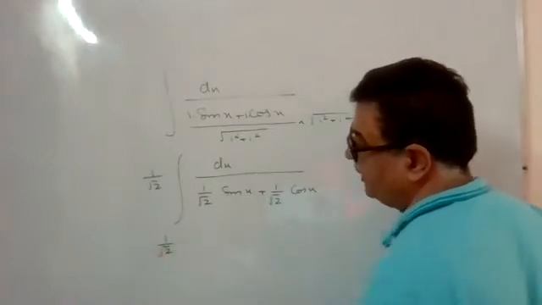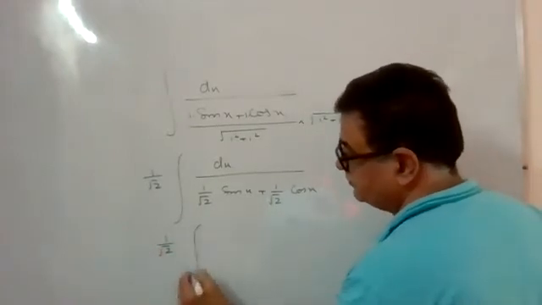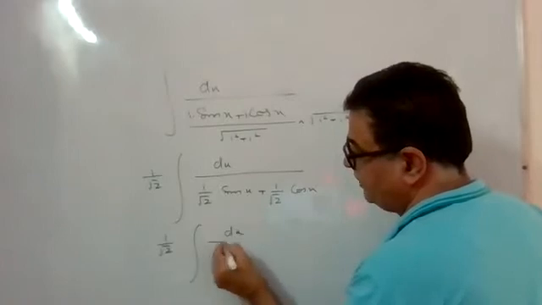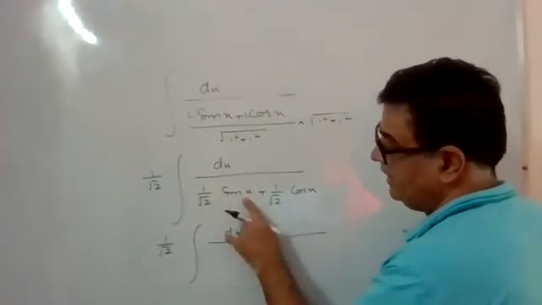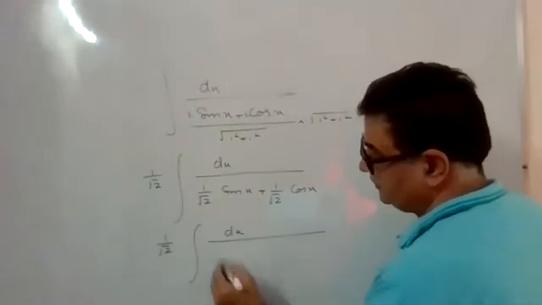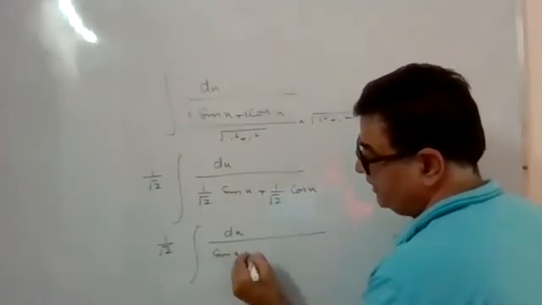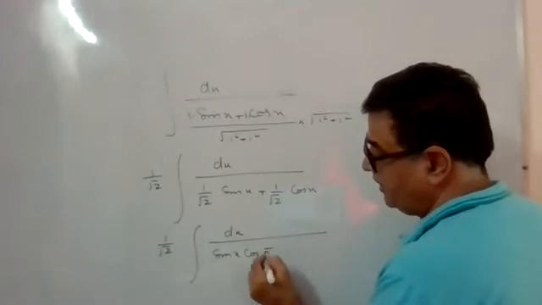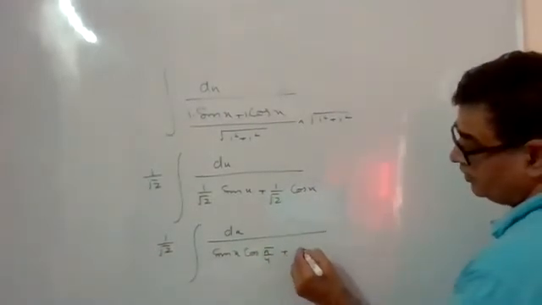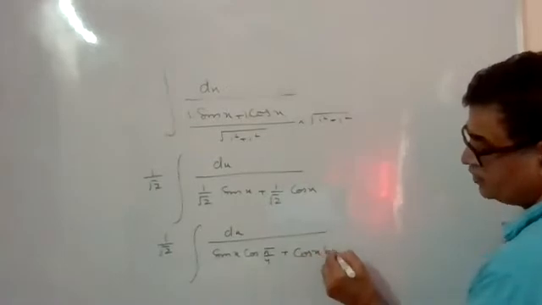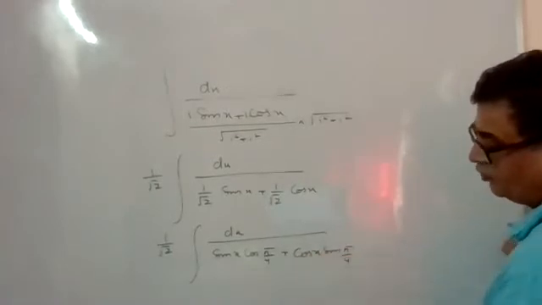Then I'll write 1 by root 2. This will be dx by, this is sin x, this we can write as cos pi by 4, sin x cos pi by 4. And this will be cos x into sin pi by 4.